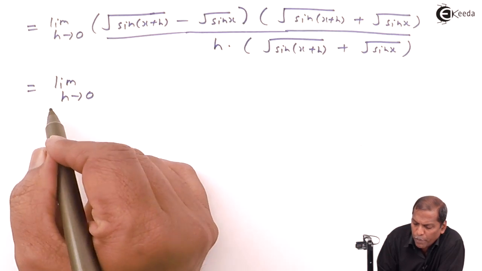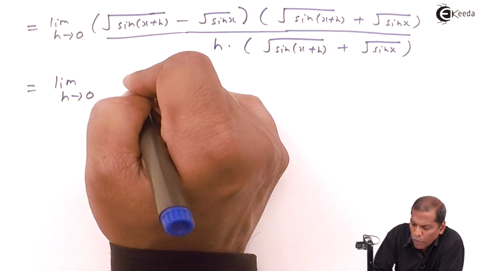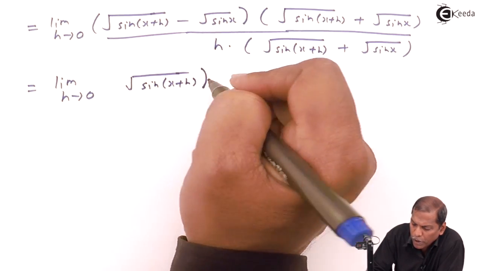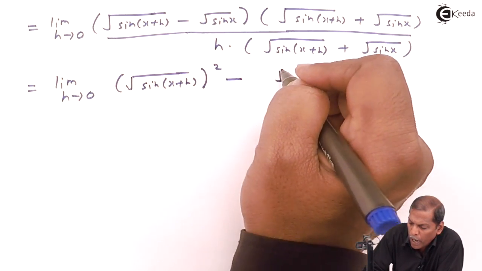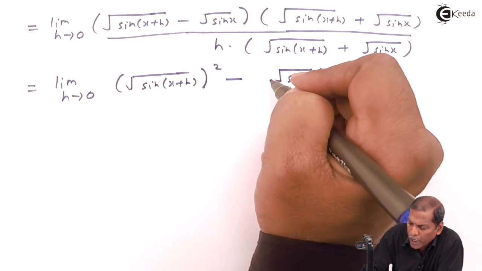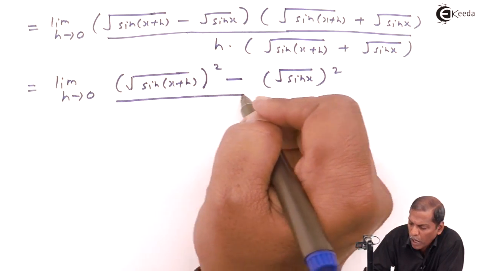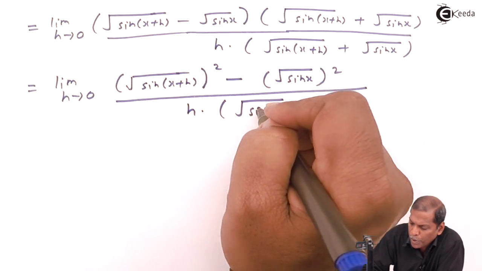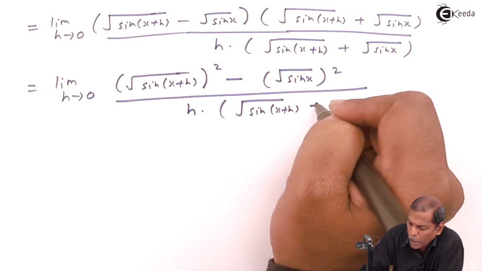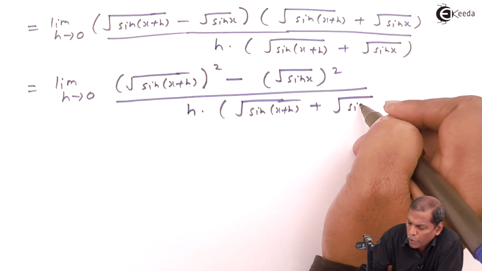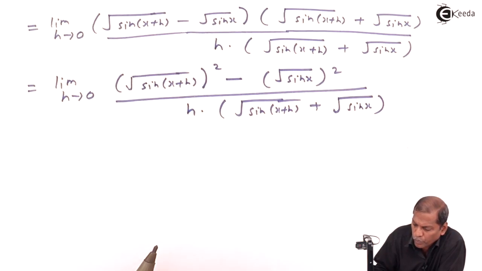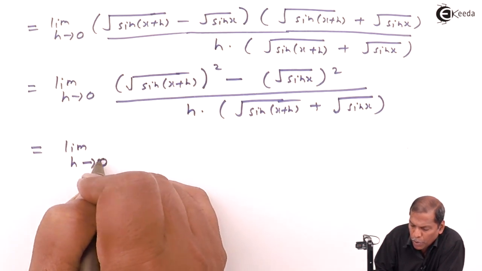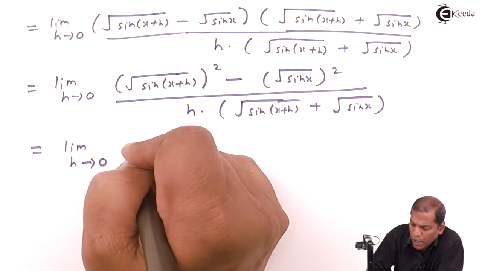So the next step will be limit h tends to 0 of [square root of sin(x plus h)] whole square, minus [square root of sin x] whole square, and totally divided by h into [square root of sin(x plus h) plus square root of sin x]. So that equals limit h tends to 0.